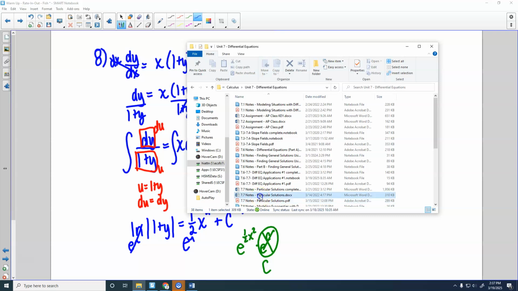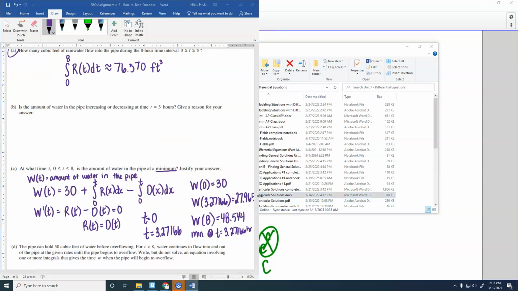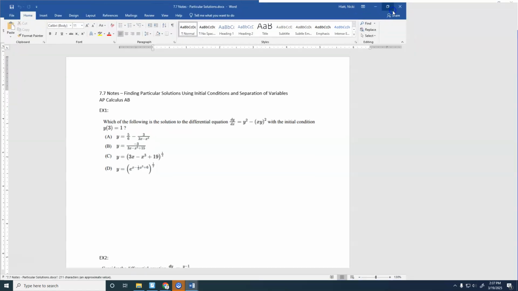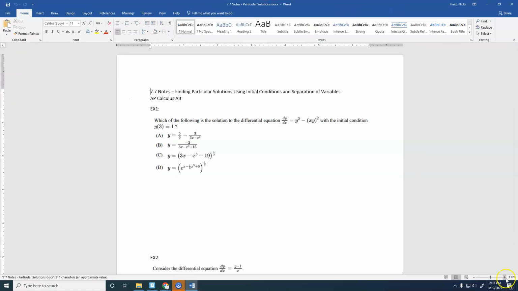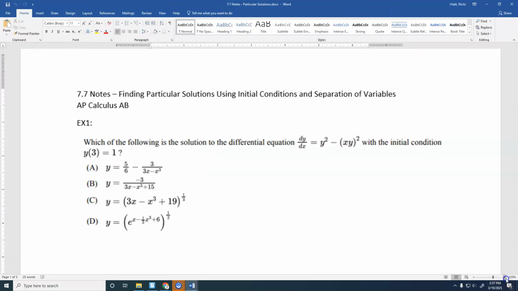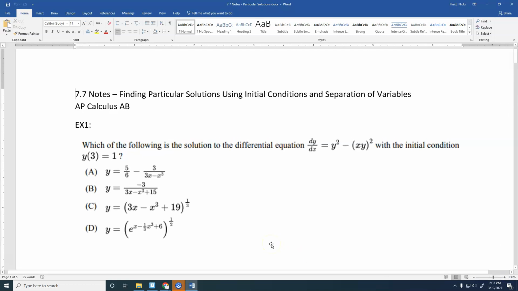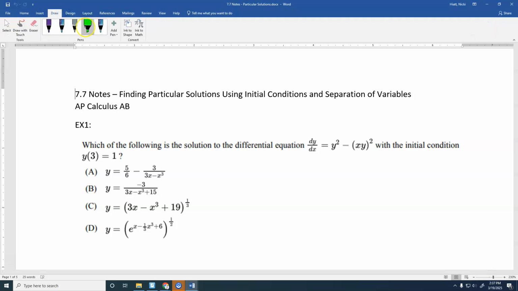All right, so today we're pretty much doing what we were doing yesterday, but we're taking it a step further. So yesterday we were just finding a general solution that involved a C. What we're doing now is we are being given some sort of initial condition. So we know at least 1 point on the original graph. And if we know 1 point on the original graph, then we can find the exact solution.